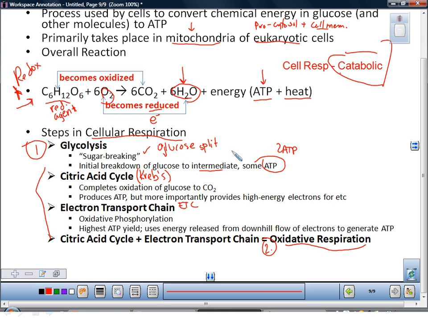We'll get a little bit of ATP, and we'll get some electrons out of this. You have to always talk about the extraction of the electrons.